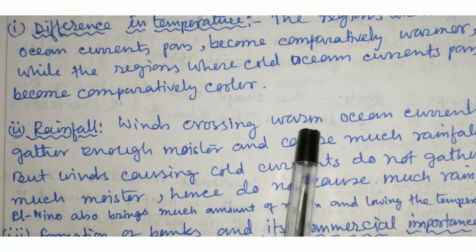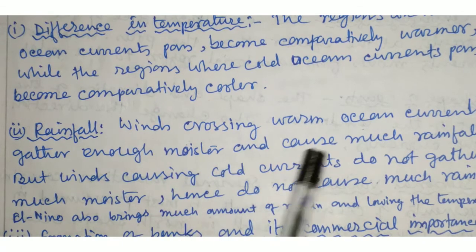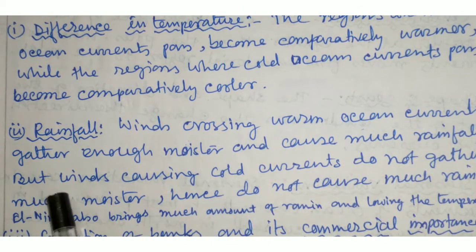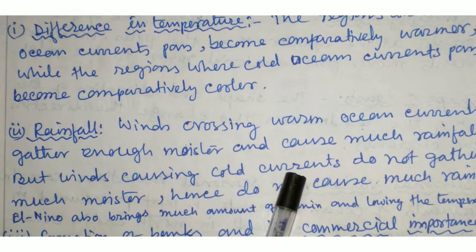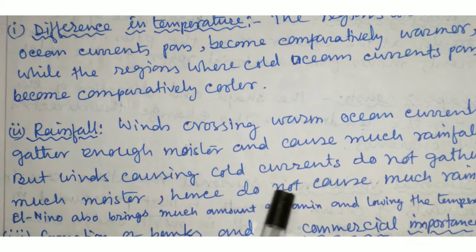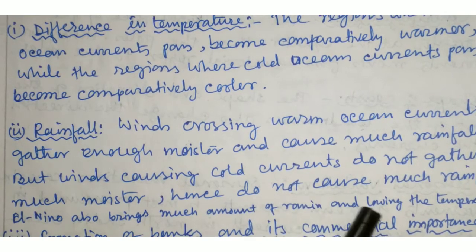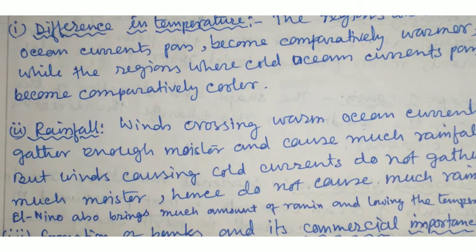Winds crossing warm ocean currents gather enough moisture and cause much rainfall, but winds crossing cold currents do not gather much moisture, hence do not cause much rainfall. El Nino also brings a large amount of rain and lowers the temperature.